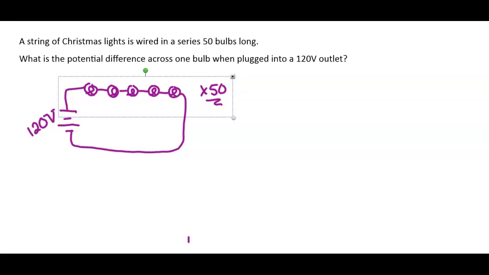All right, so we are looking at, I'm going to switch colors here, Kirchhoff's law. And he says the sum of the potential difference across everything in a circuit has to cancel out.